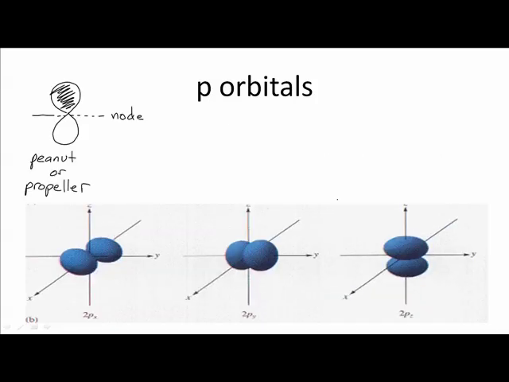Every p sublevel has 3 p orbitals, one along the x-axis, we call it px, one along the y-axis, we call it py, one along the z-axis, we call it pz. All right. So there's 3 of them there. Same thing holds true with these. They get bigger as you go to higher energy levels.